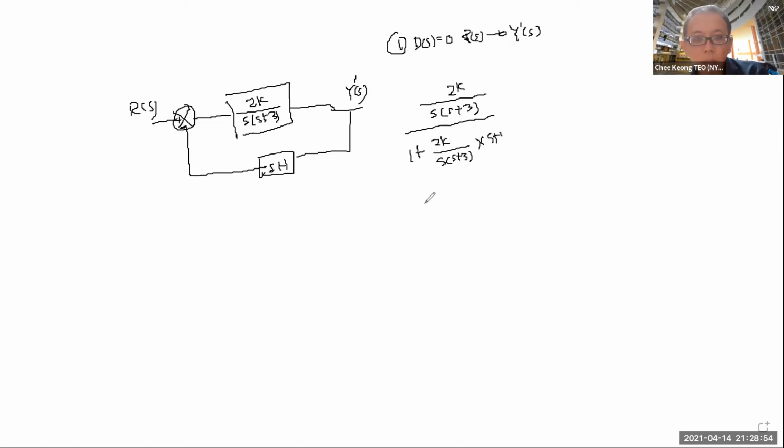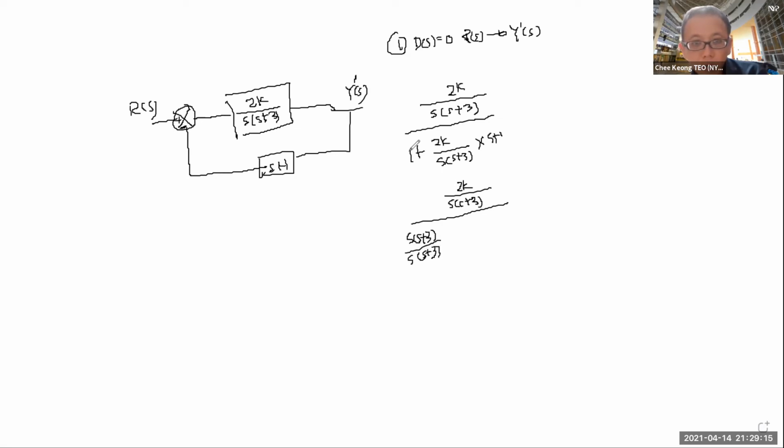So if you multiply that up, what you get is the same thing here, 2k over s plus 3 on the top. Then of course this 1 here, you use the same denominator, so it's s plus 3 over s plus 3.